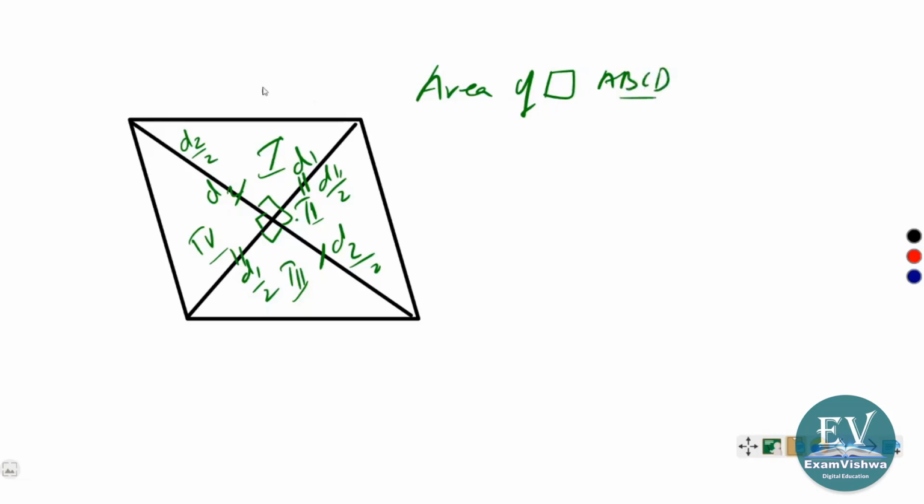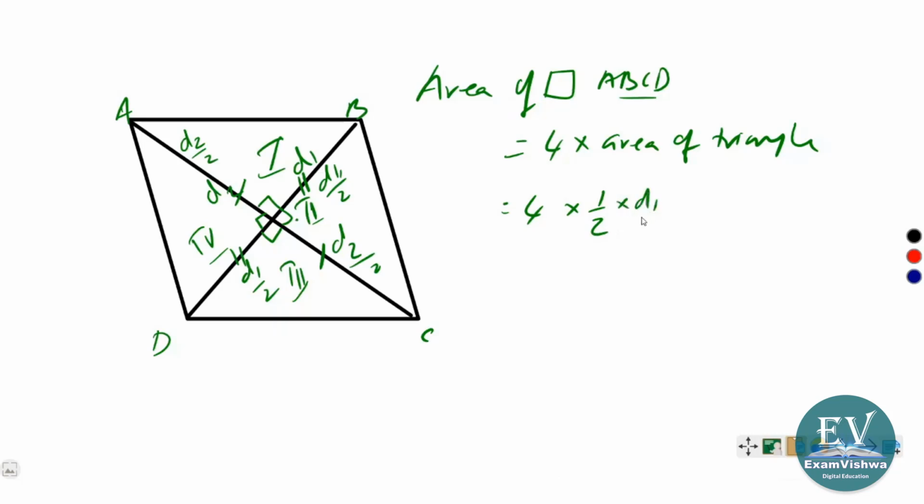Making it once again for you, the area is equal to 4 into the area of one triangle. Area of one triangle we should find out. 4 into area of one triangle is equal to half into d1 upon 2 into d2 upon 2. By solving we got d1 into d2 upon 2.